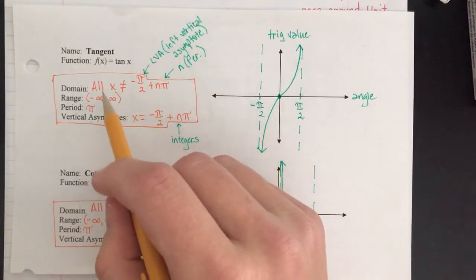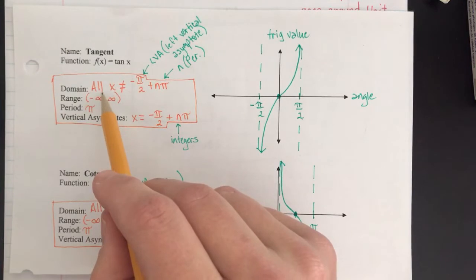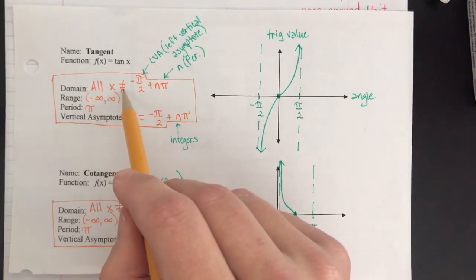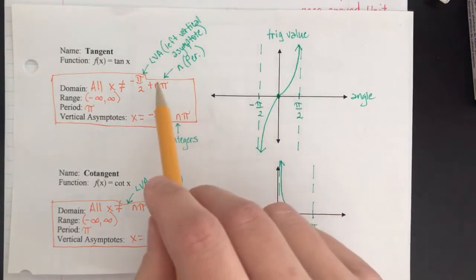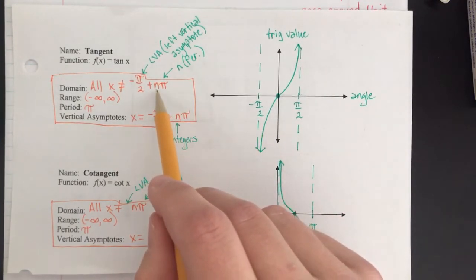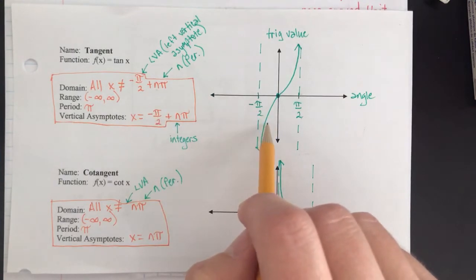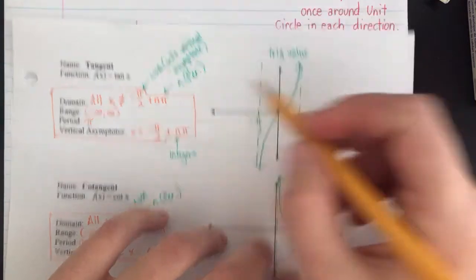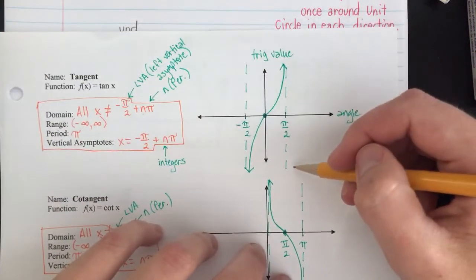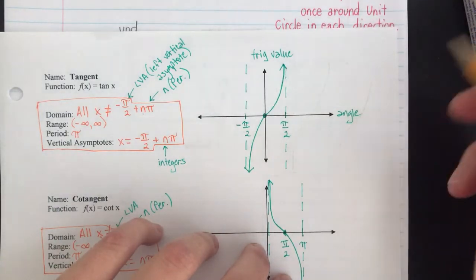So here on this portion of your pink notes, the domain is all real numbers, except x cannot equal negative pi over 2 plus n pi, n meaning how many periods. Okay, this is just one period. If I wanted to keep going around the unit circle and around and around, of course I'd have more of these curves with the asymptotes on both the left and the right.